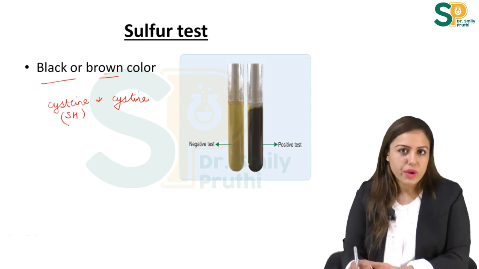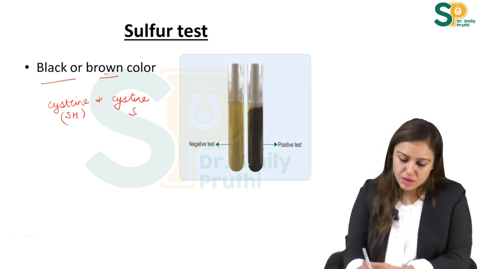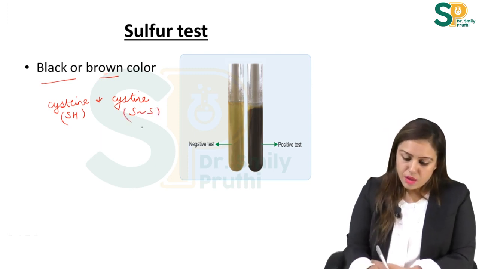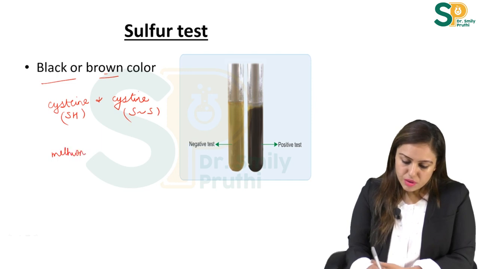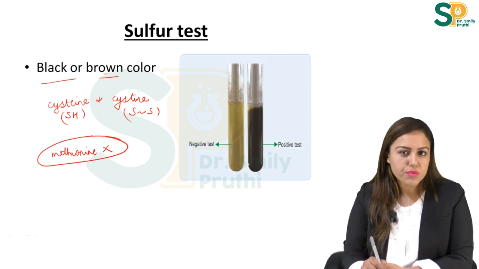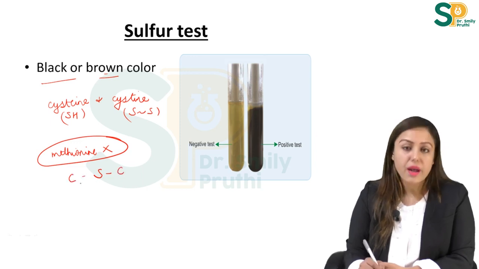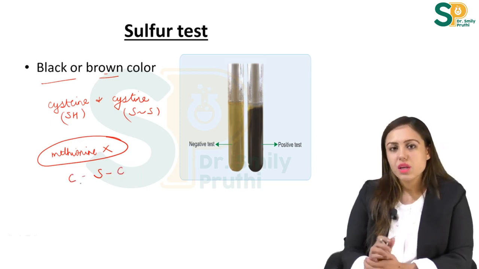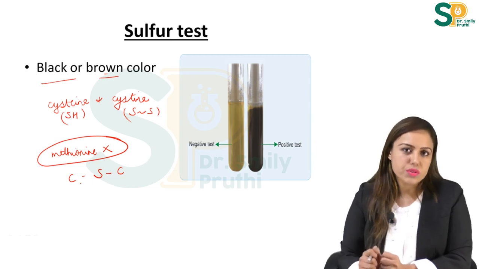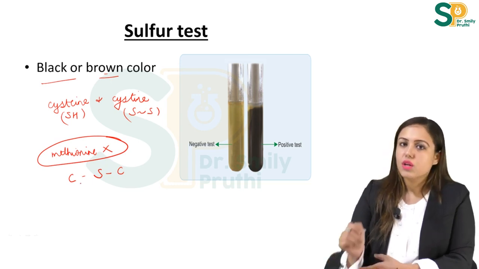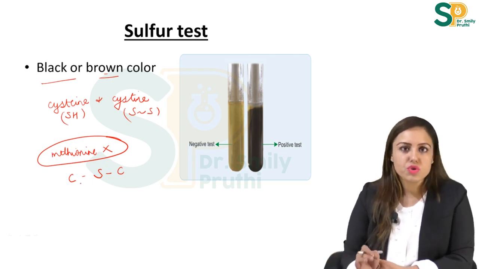When two cysteines join, we have cystine, which has a disulfide bond. But methionine will not give the lead sulfide test positive. Although methionine has sulfur, this sulfur is tightly joined to two carbons and is not available for the reaction here. So methionine does not give this test positive.